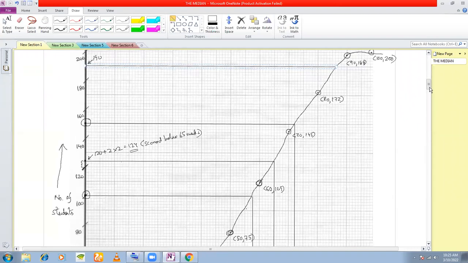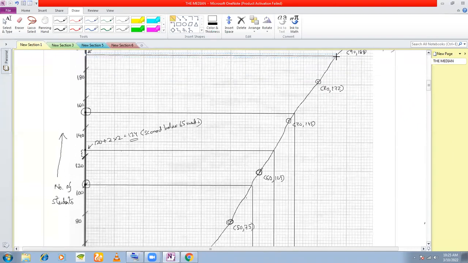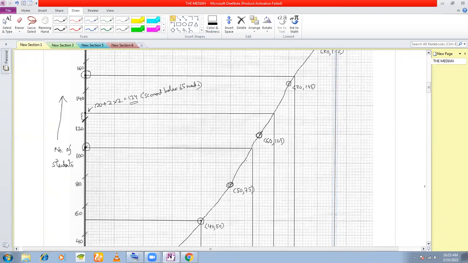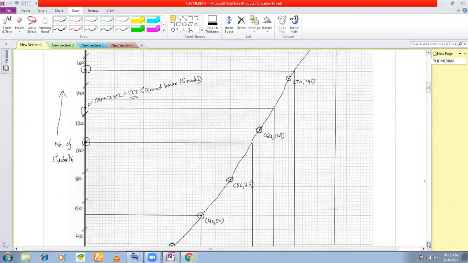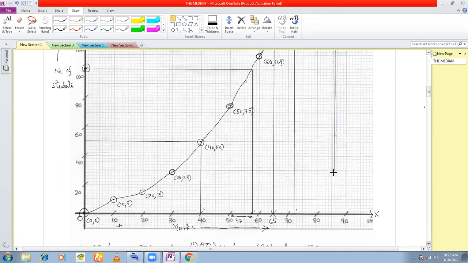So from the point where this straight line intersects the graph, you're going to drop a perpendicular on the x-axis. Okay. So if I drop a perpendicular, you see this is the marks. How much marks is this? This is 86 marks, right? 86 marks.